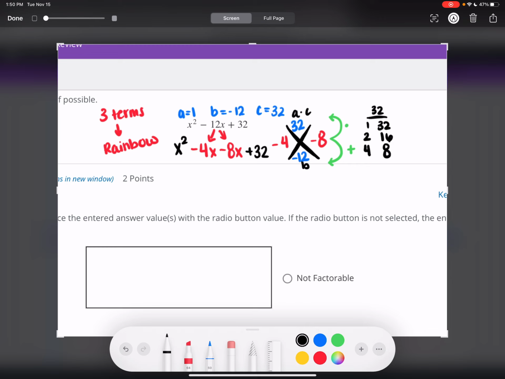And so I took out -12 and I replaced it with -4x minus 8x, because that is the same thing. Now I go to factor by grouping. So I'm going to group up these first two. They have an x in common, and I'm left with x minus 4. Carry down my sign. 8 and 32 have an 8 in common.